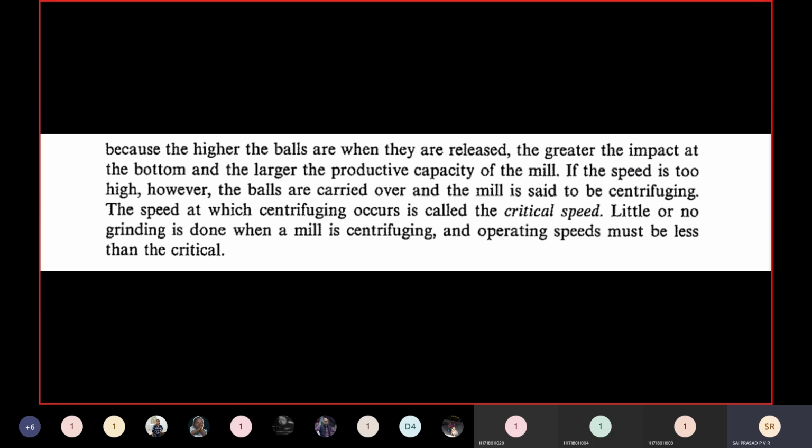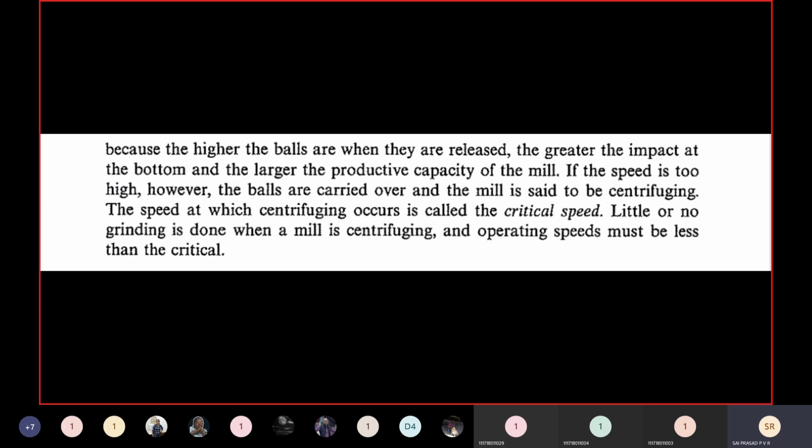Because of this, crushing will not take place, but the power is consumed by the machine. The speed at which centrifuging occurs is called the critical speed. And as I said just now, we should run the ball mill just a little below the critical speed. Little or no grinding is done when the mill is centrifuging. The operating speed must be less than the critical speed.